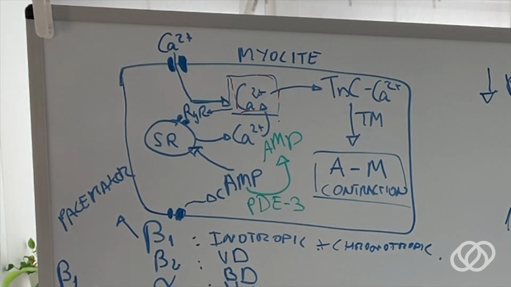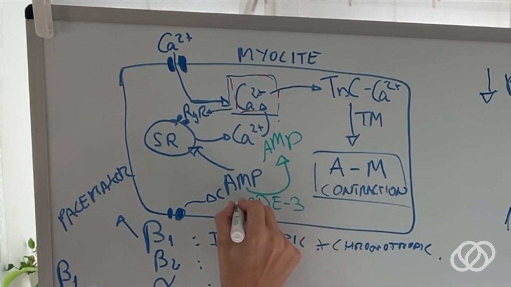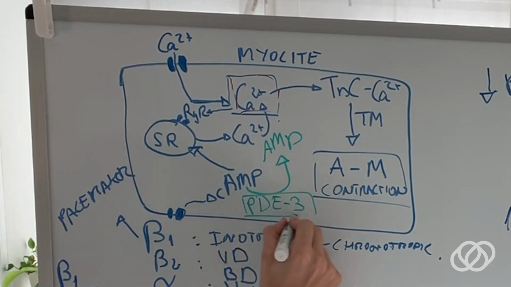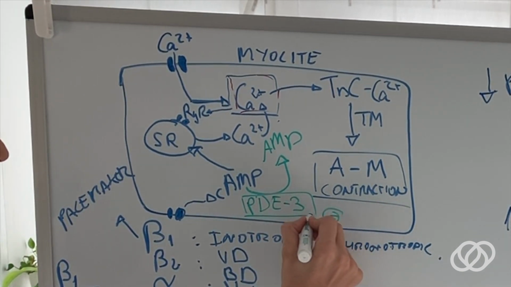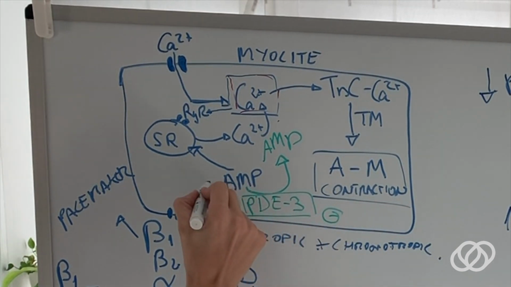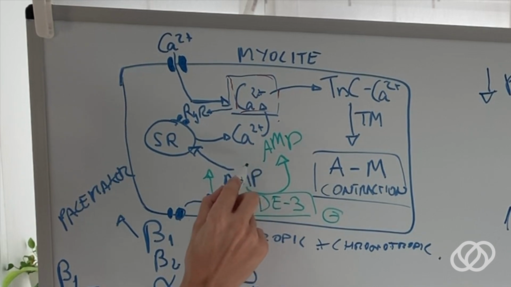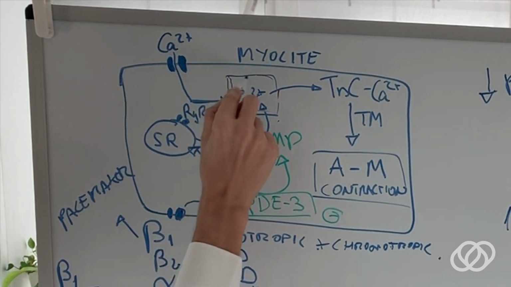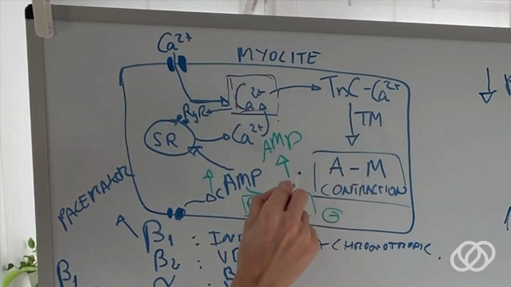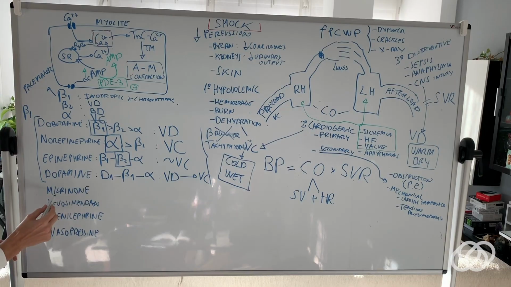So we have one agent that inhibits this enzyme, and by the inhibition of this enzyme we manage to increase cyclic AMP and therefore increase calcium and have the inotropic effect. This is milrinone.